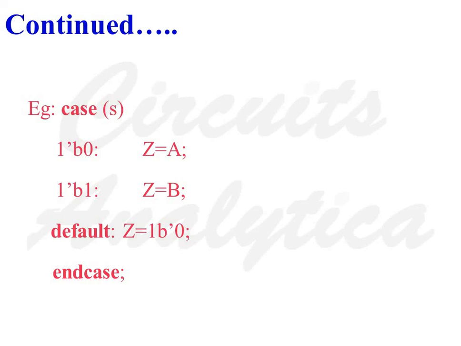This is an example of a case statement which can be included in the body of the module for a 2:1 multiplexer. So the if statement and the case statement are the two most important behavioral statements in Verilog HDL.